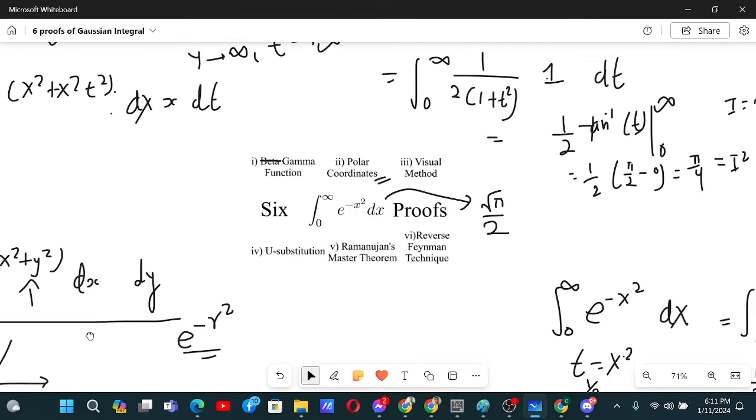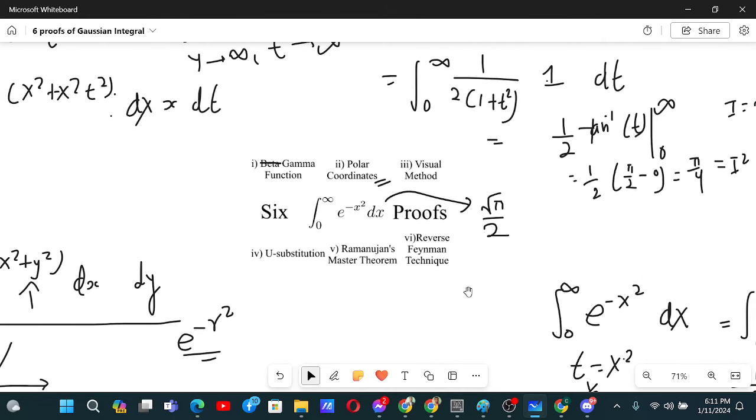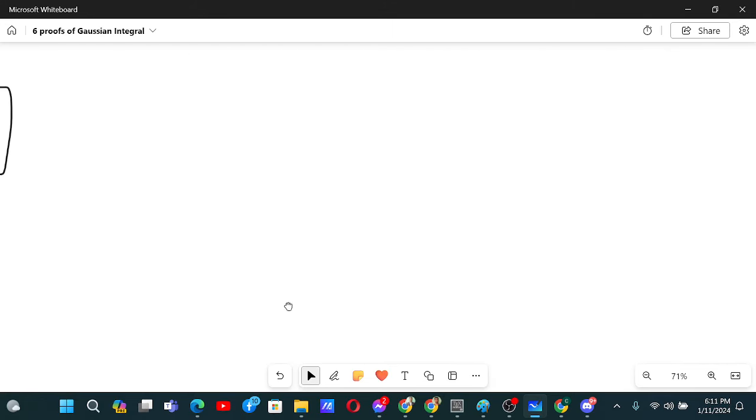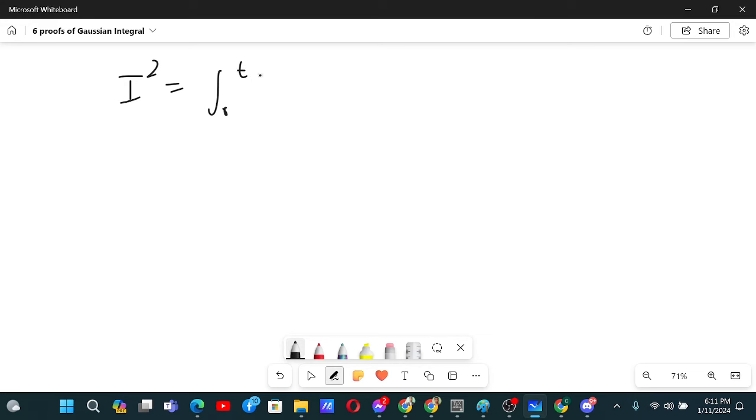Okay, here's the problem. Now the reverse Feynman technique. Now let's go with this idea. For the reverse Feynman technique, we'll introduce I squared, which goes from 0 to t.